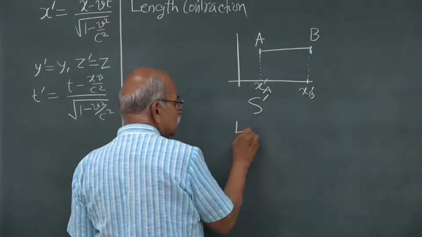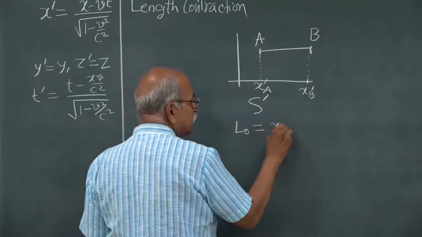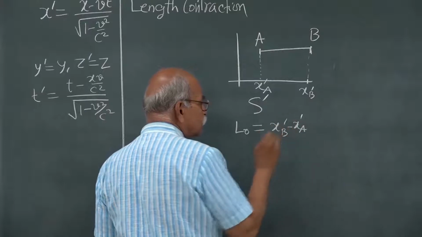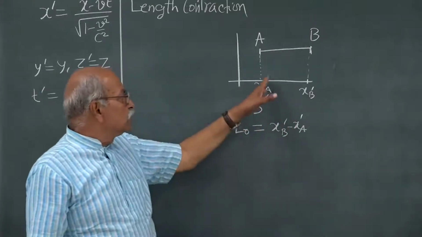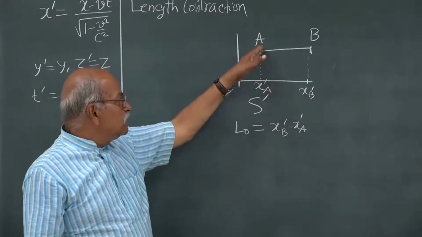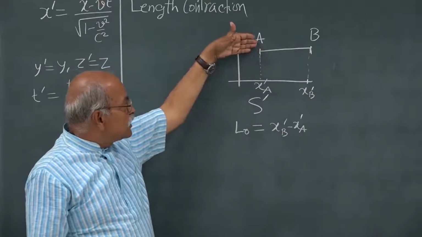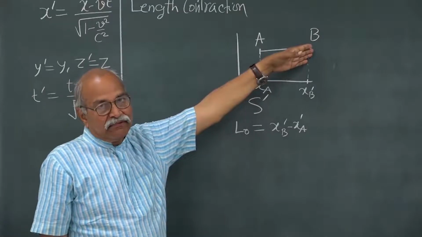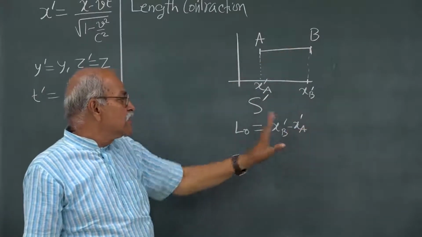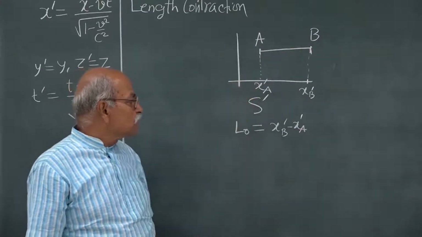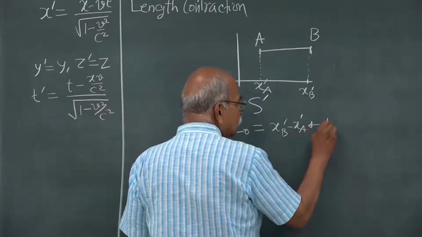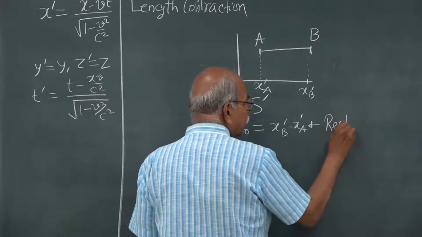L naught is equal to x B prime minus x A prime. And there is no restriction. You can measure this end at any time, and you can measure this end at any other time or the same time. This will be the length of this rod. Now, this is called rest length.